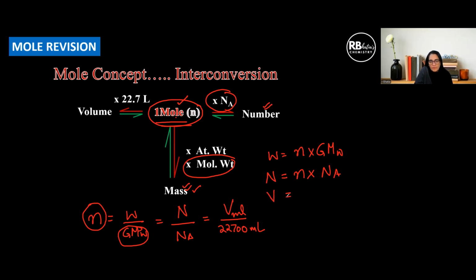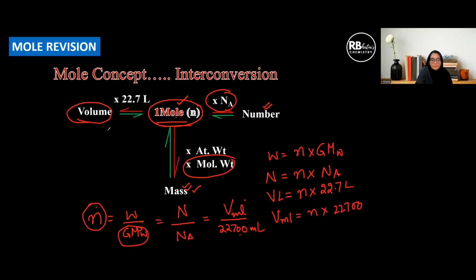Molecules is number of moles into Avogadro number. If I want to calculate volume, what do I do? N is equal to V upon 22700. So I'm going to multiply N with 22.7 liter if this is in liter, and if this is in ml, then N into 22700. This is what this flow chart is telling us.